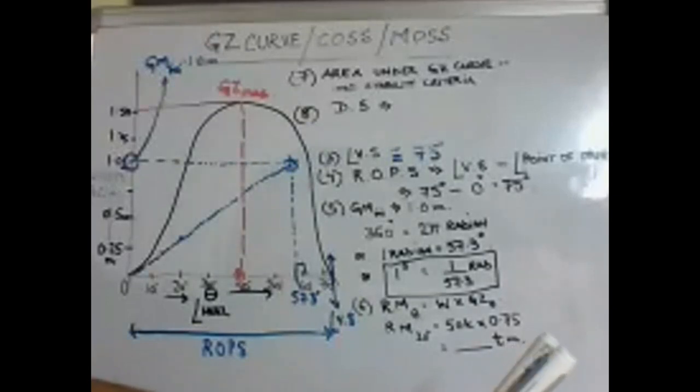DS is the amount of work done in bringing a ship to the required angle of heel.